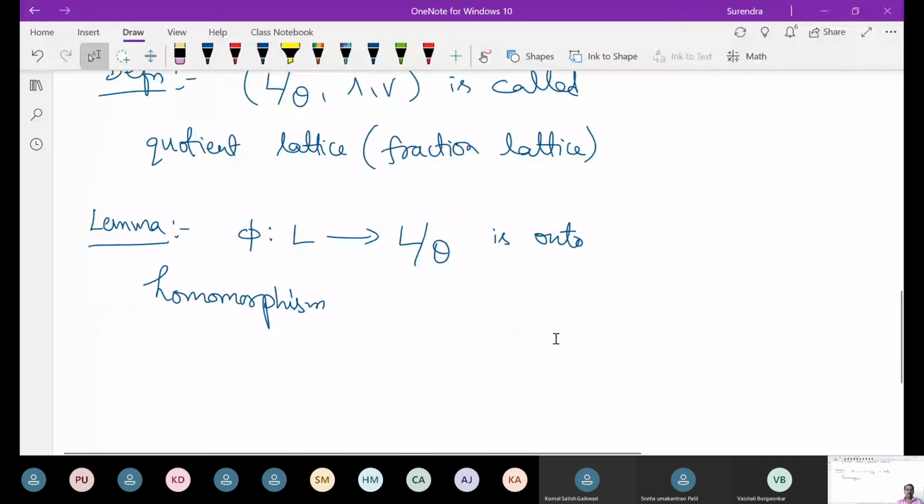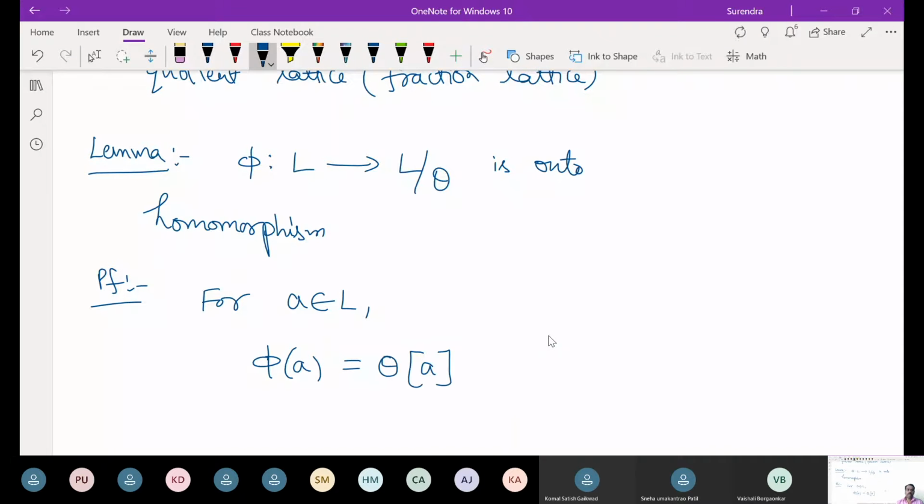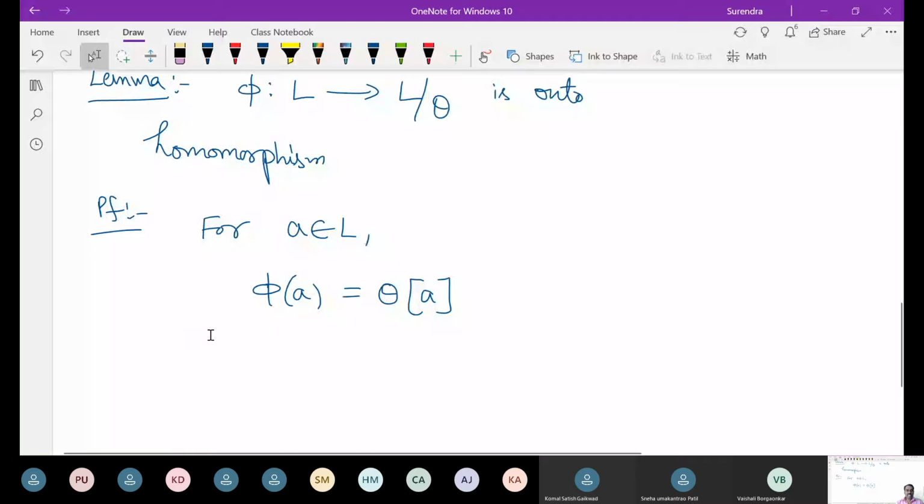So what is this map? You take any element a in L. For any a in L, how will we define phi of a? That should be an element of L modulo theta, and elements look like theta of a. Once we define it like this, we can clearly check that this is a well defined map.